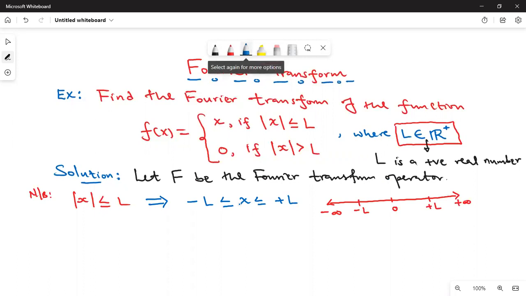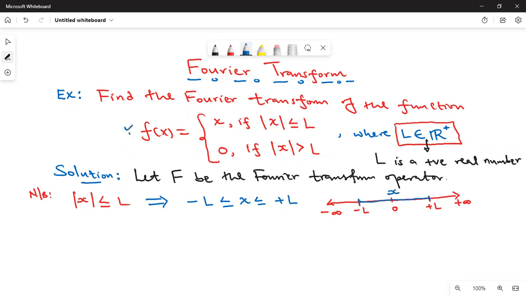So our function in the interval where absolute value of x is less than L, from here all the way up to here, in this interval our function is x.